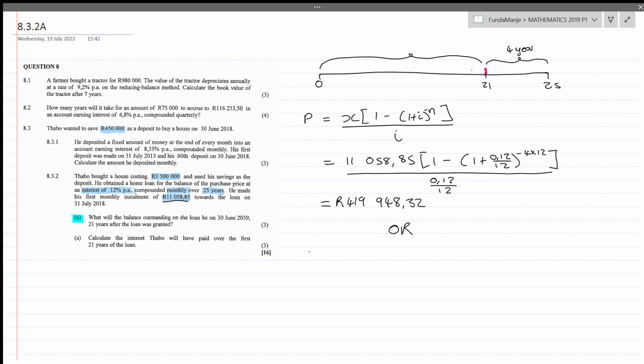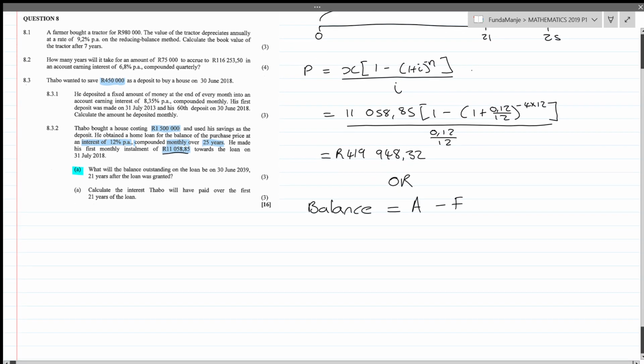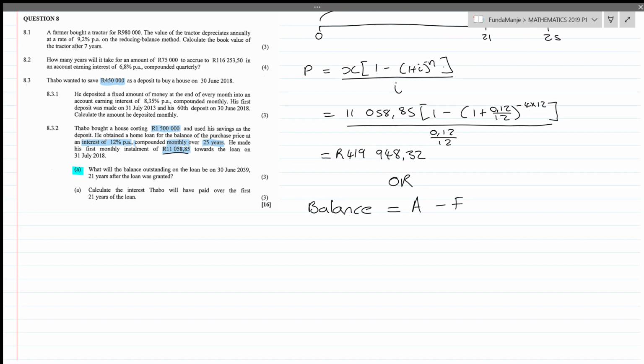We'd say our balance would be how much the loan has accumulated, minus how much our payments have accounted for. At the end of the 25 years, this balance would be zero because it would be settled. But after 21 years, the amount we are still owing is more than the amount that we've paid back so far.